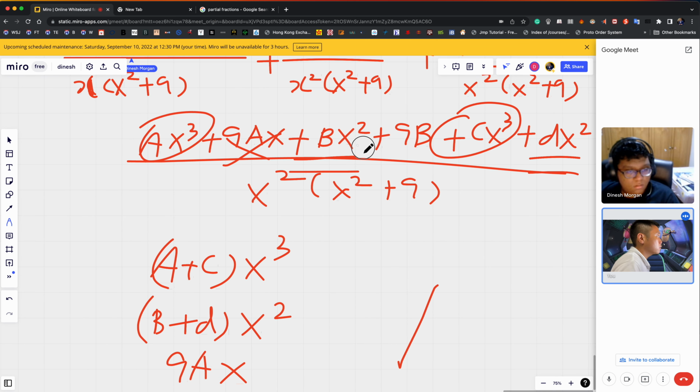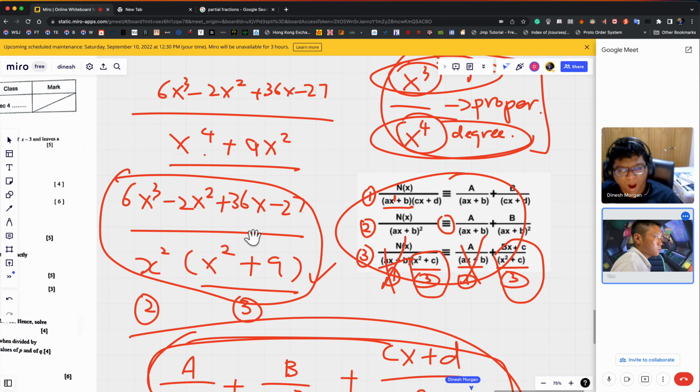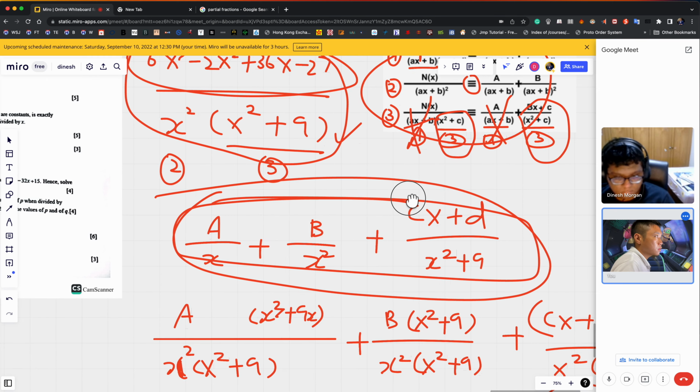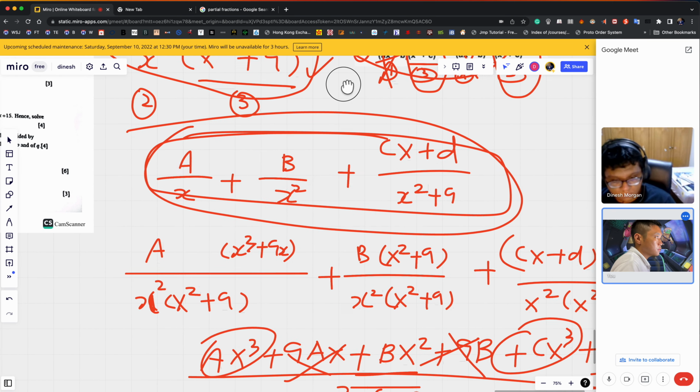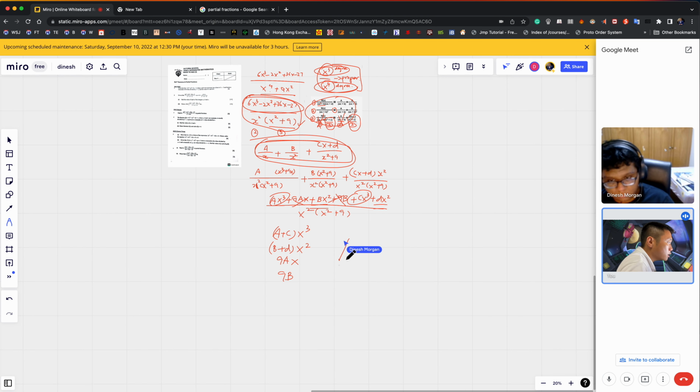Done. Then you compare this to this one. So 6x cubed, 2x squared. Let me make it smaller so I can see the entire picture. So it's 6x cubed.